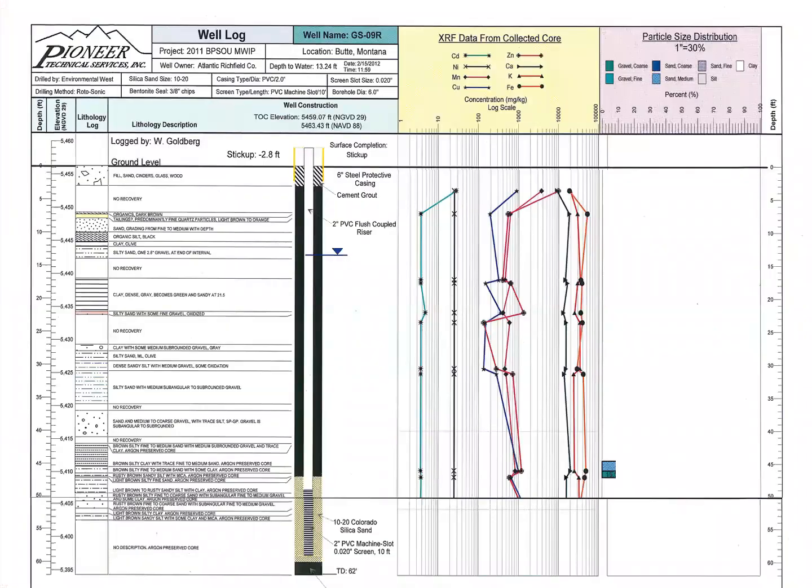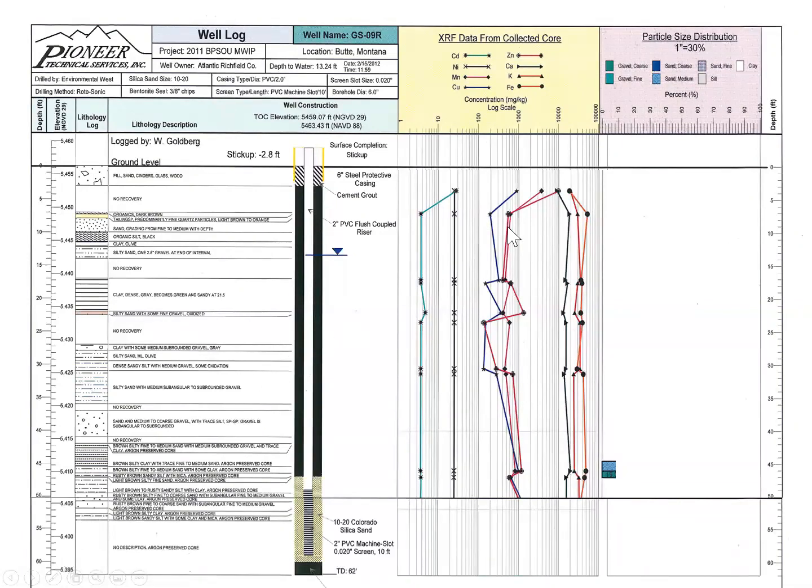So then the hydrogeologist will start to put this together and put together these well logs. And in this case, here's the description. Here's a lithologic log. In other words, it's symbols of different things like sand and gravel, and this is silty sand.